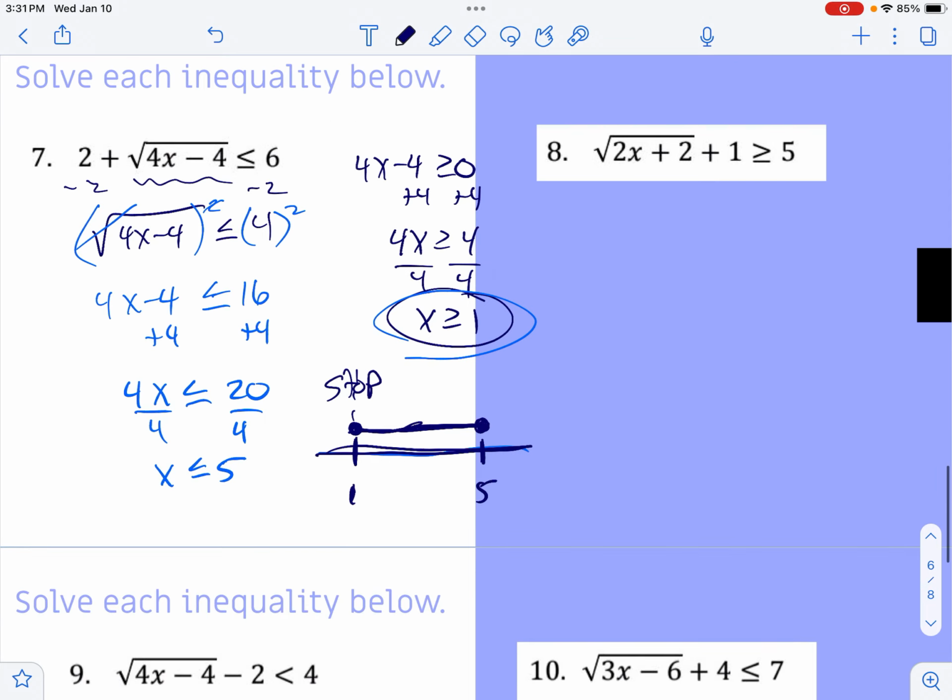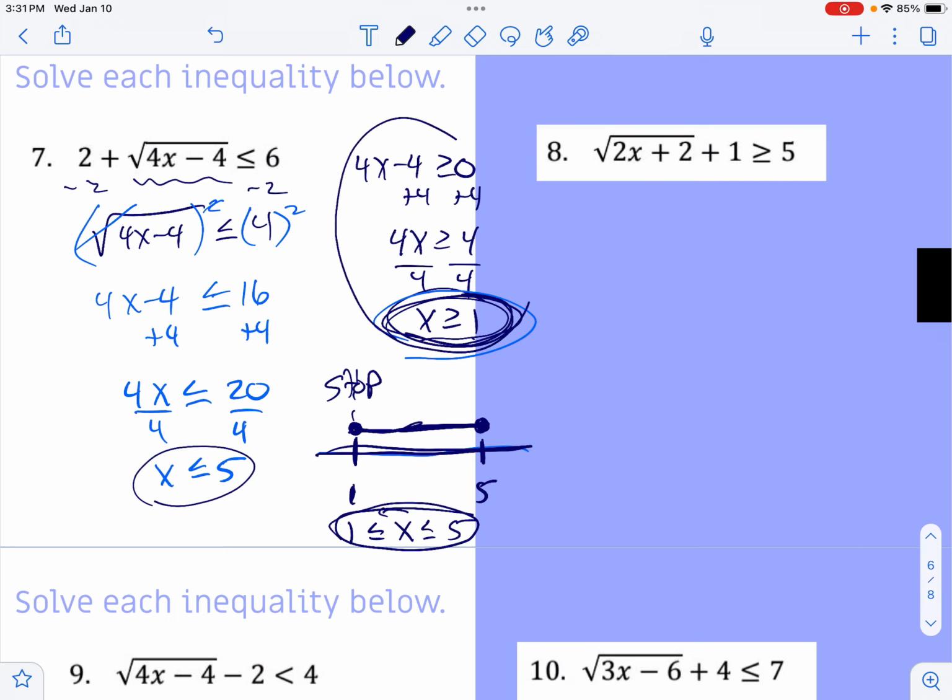It doesn't go any further than that. So my actual answer isn't just x is less than or equal to 5 or x is greater than or equal to 1. It's between 5 and 1. So I'd write my answer like this: 1 is less than or equal to x, which is the same thing as x, if you read it backwards, is greater than or equal to 1, and x is less than or equal to 5. That's how you'd write an and statement.